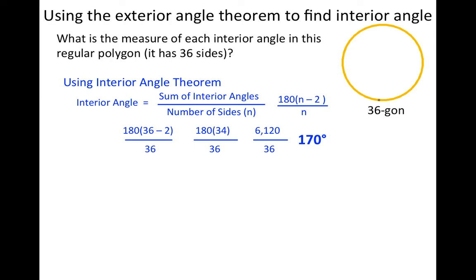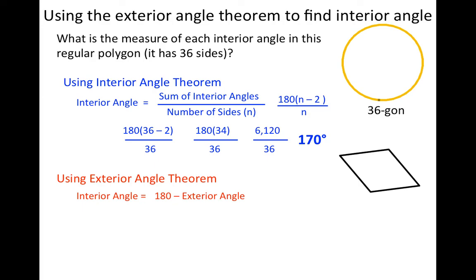Now let's try the exact same problem, but this time using the exterior angle theorem. I know the interior angle is going to be 180 minus whatever the exterior angle is. Remember, because we have interior and exterior, they add up to a straight line. So they are linear pairs, so they add up to 180.